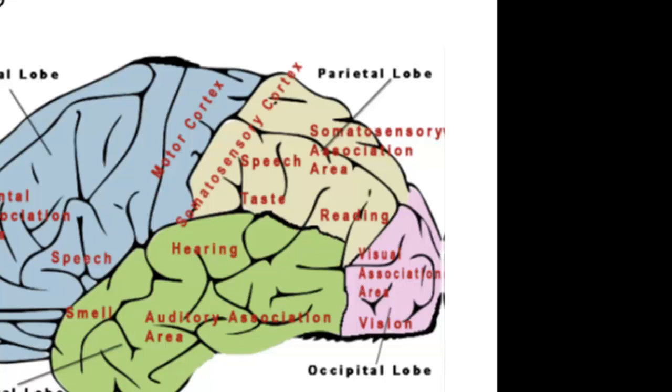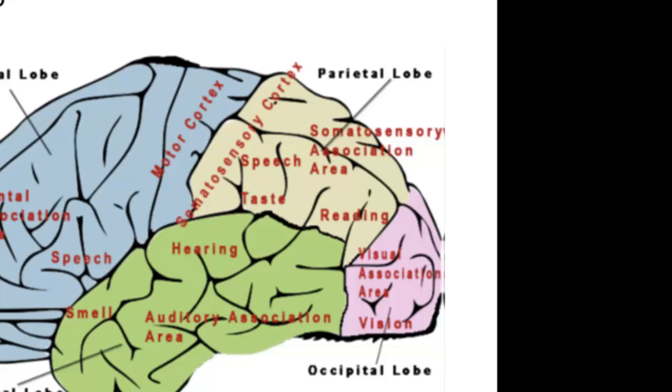You also have an area in the parietal lobe that's very important for speech. Not articulation, but more the ability to understand what other people are saying or to understand what you actually read. So language is interpreted within that parietal lobe, and the area is identified as both speech and reading.